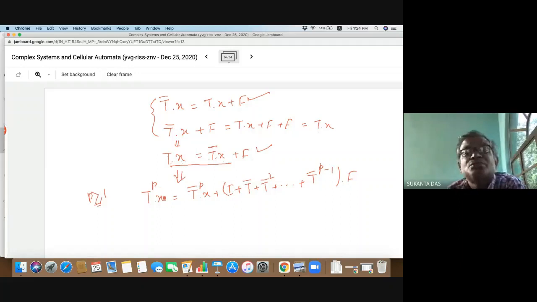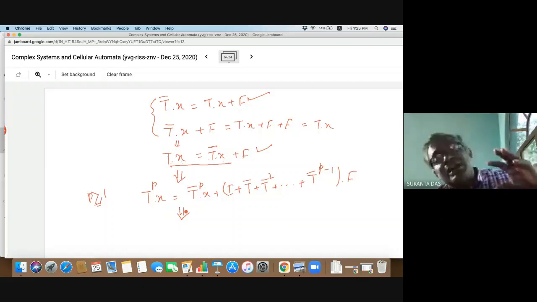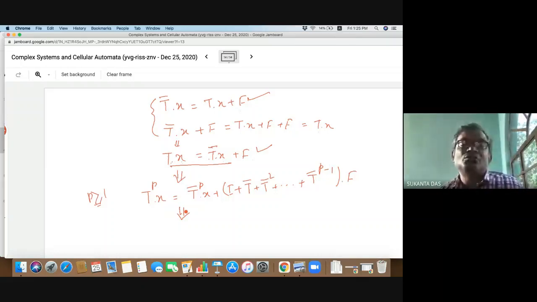So here T to the power P x is represented in terms of T bar and f. Just the roles of T bar and T have been changed, and now we can put the argument of lemma 1 to show the reversible.